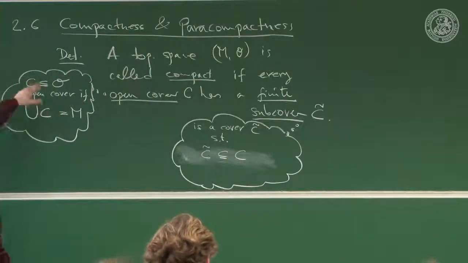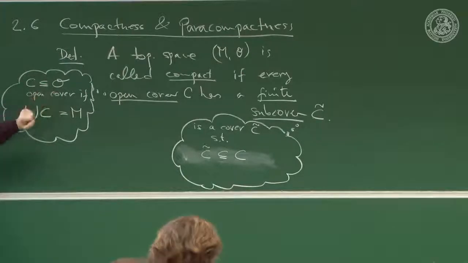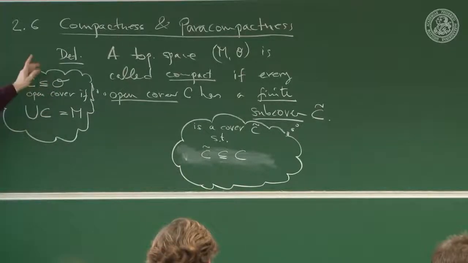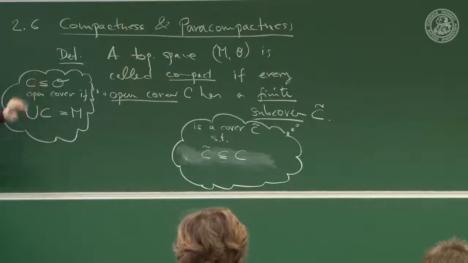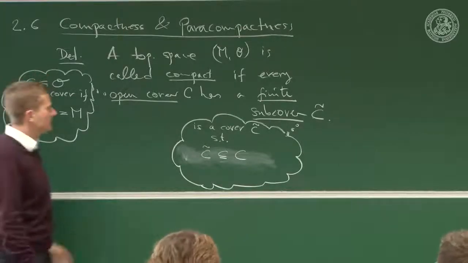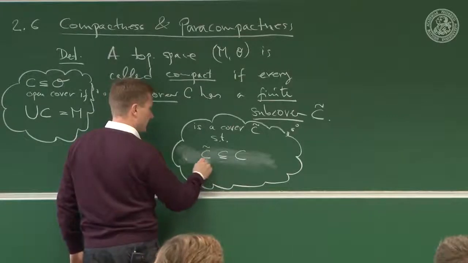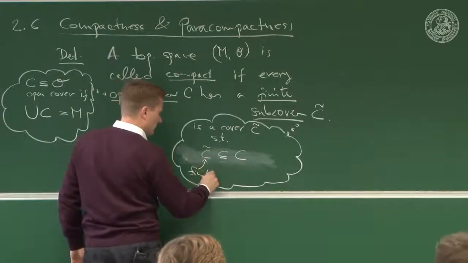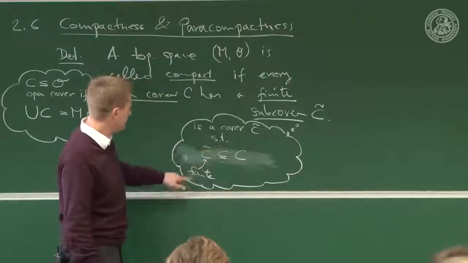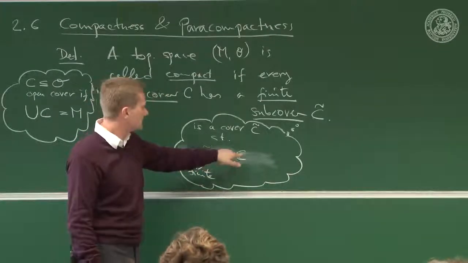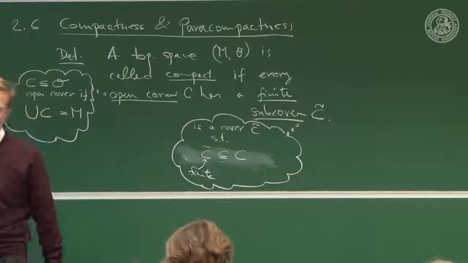So you take a cover, and a finite subcover is when you take out open sets from the cover, but you still have a cover. And if that cover is finite, then you have a finite subcover. So a finite subcover is a cover which is a finite subset of the cover. That's it.